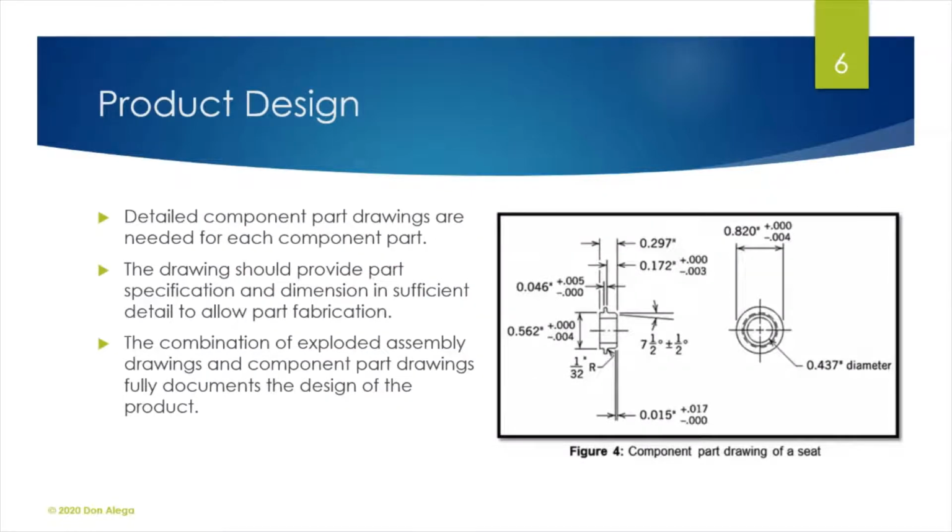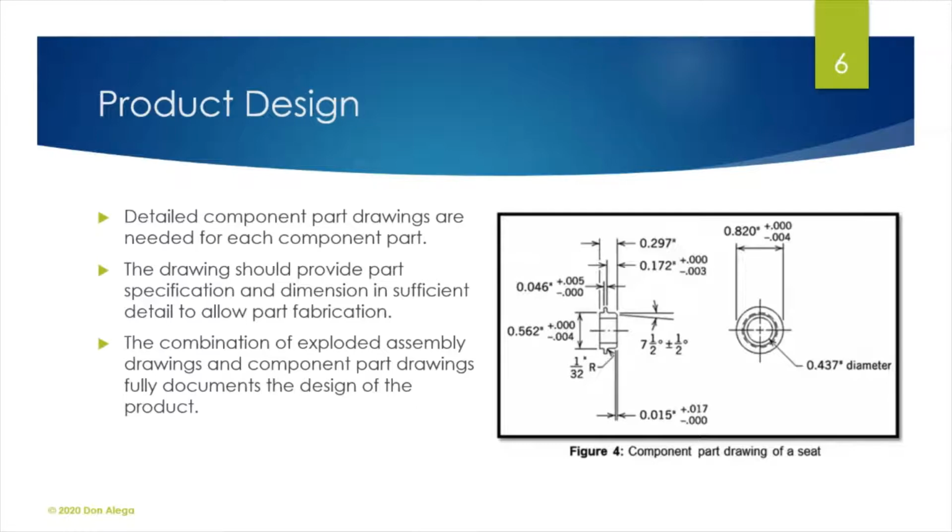While the component parts drawing naman, ito yung detailed drawing ng bawat component natin o ng bawat part, 'di ba? Kung makikita natin sa exploded assembly drawing, yun yung kabuuan, kaya lang exploded lang yung drawing natin. While dito sa component parts drawing, each component has its own drawing, 'di ba?